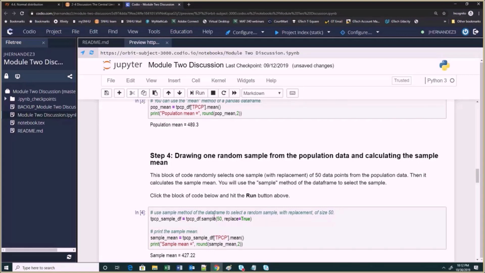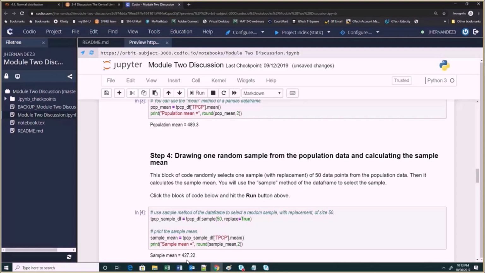So what happened here is that it randomly picked 50 data points from the population data set, and then it calculated its mean, and it came out to be 427.22. Each time I run this, I will get a different sample, hence a different sample mean. You only need to run this once.